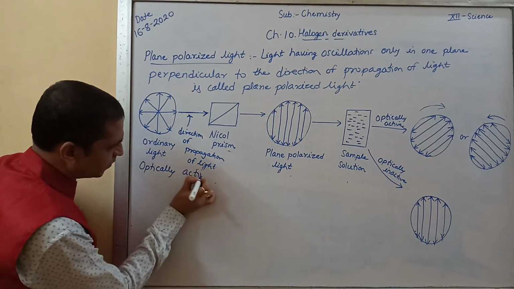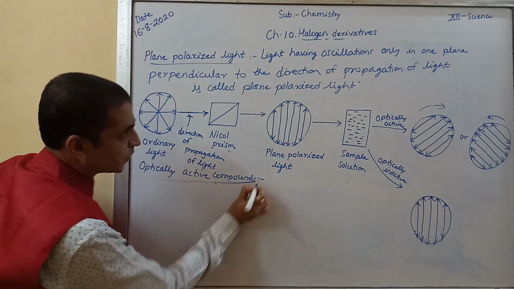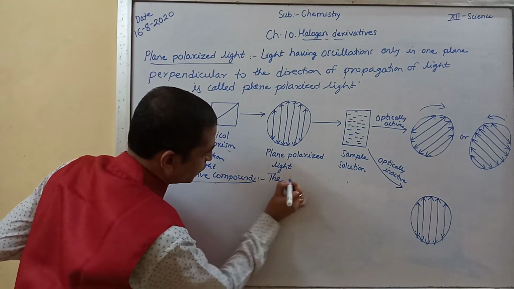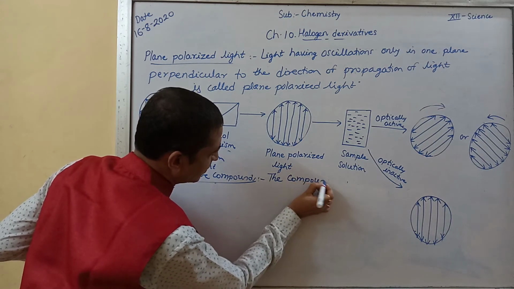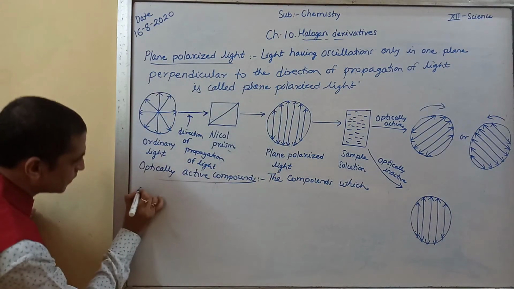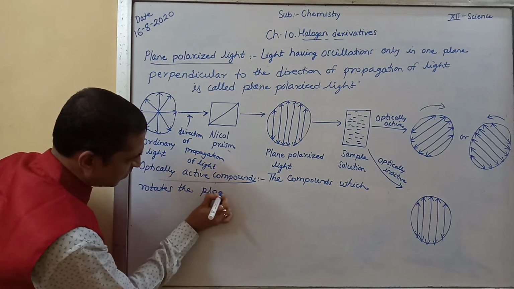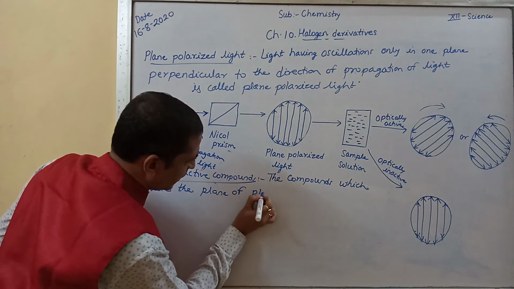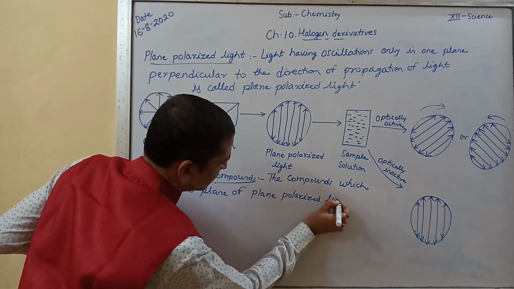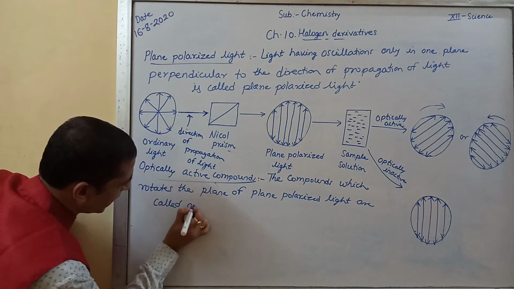Now, optically active compound. See, optically active, optically inactive. Optically active compound means what? The compounds which rotate the plane of plane polarized light are called optically active compounds.